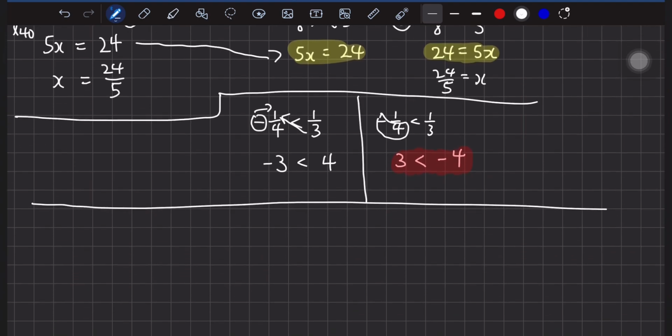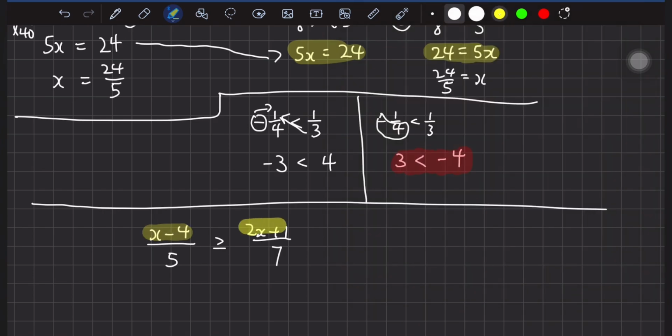So let's bring one example to better showcase what I've just explained. Let's take a look. If I have x minus 4 over 5 greater or equals to 2x plus 1 over 7. Do take note, although this question doesn't have a negative sign, do remember that the numerator of the fraction, which is x minus 4 and 2x plus 1, has to stay on whichever side of the fraction when we cross multiply.